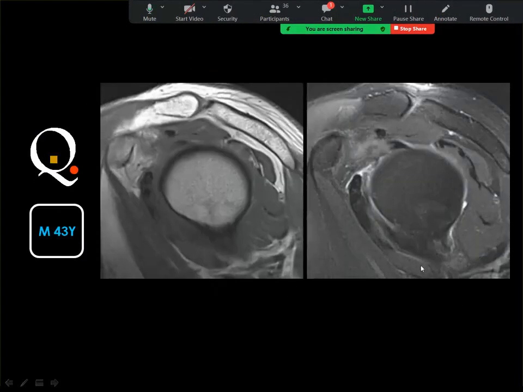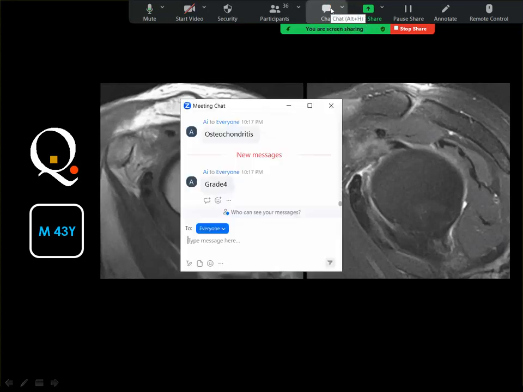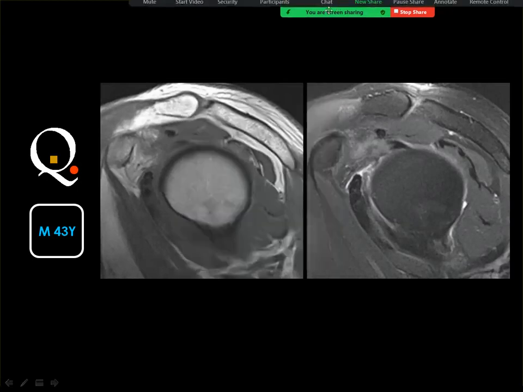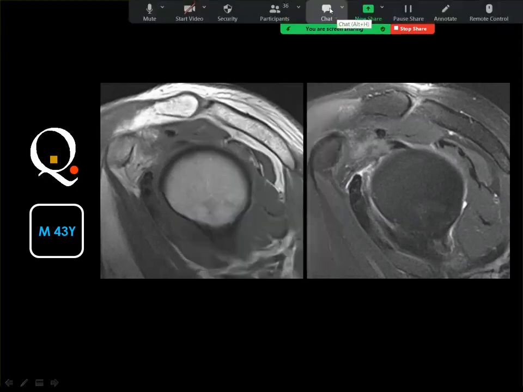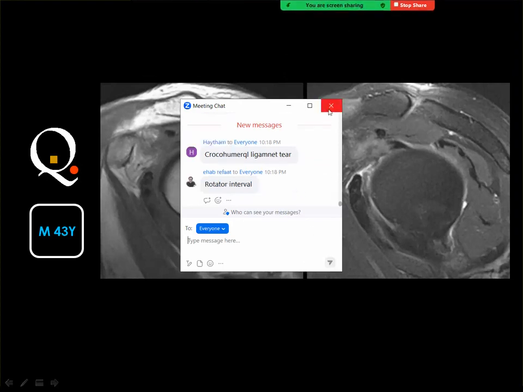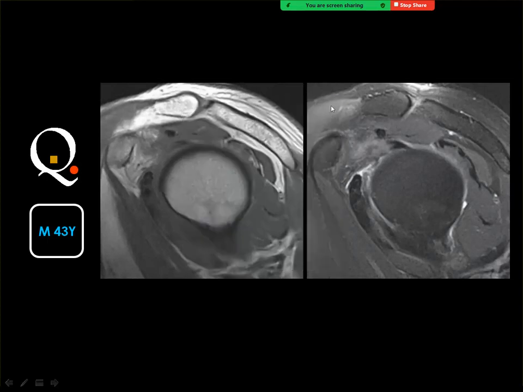MRI of the shoulder, sagittal T1 and the sagittal STIR. Coracohumeral ligament tear, rotator interval tear.